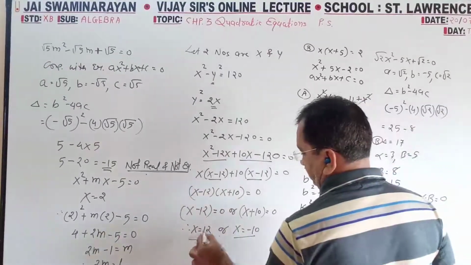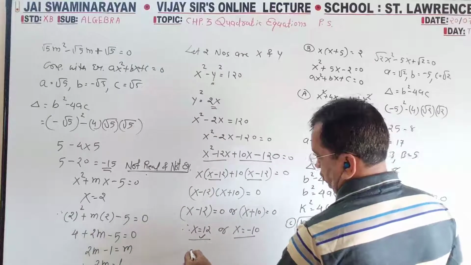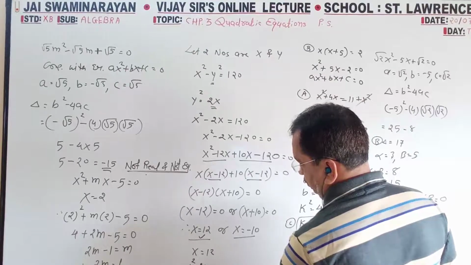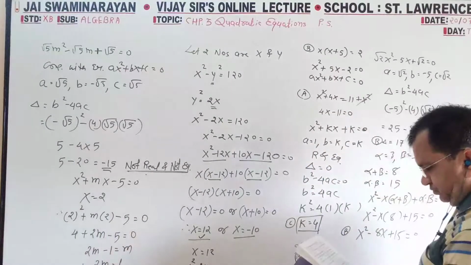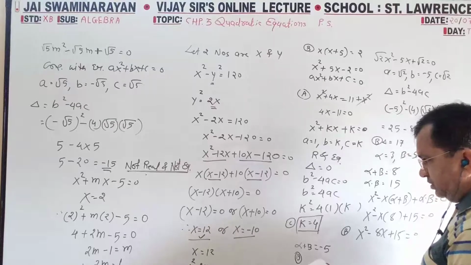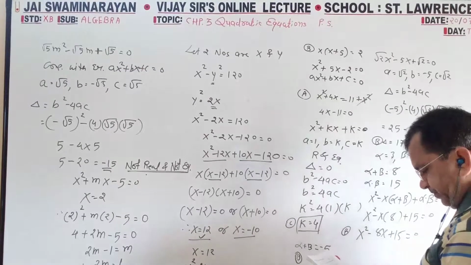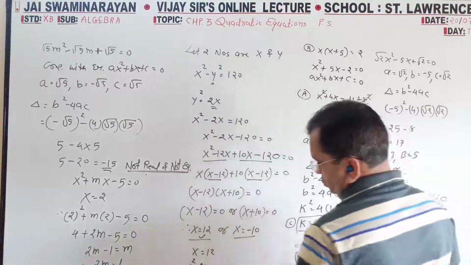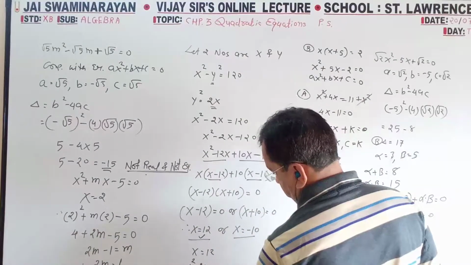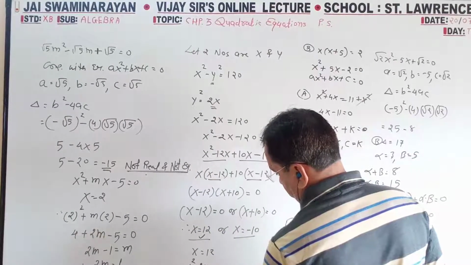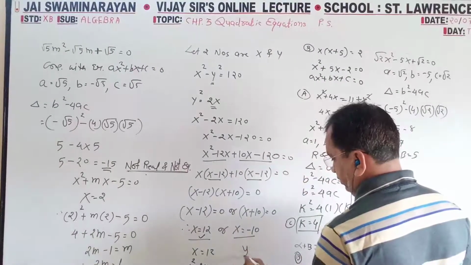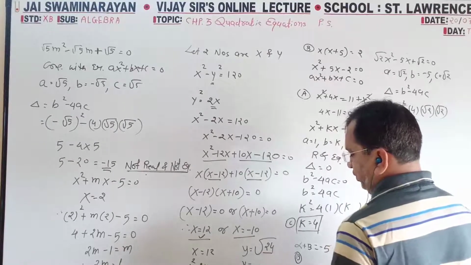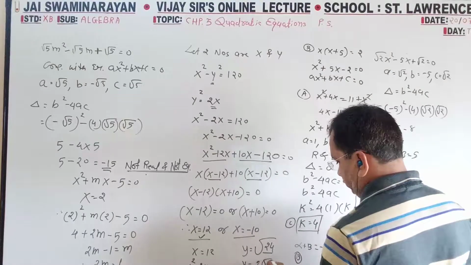we can take the positive number. So x is equal to 12, y square is equal to 2x, correct? So 12 into 2, 24, square root of 24, 4 sixes are, so 2 root 6.